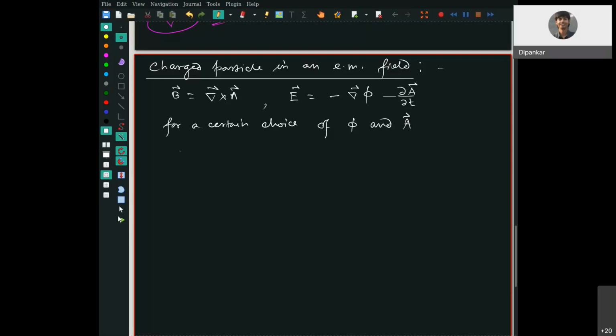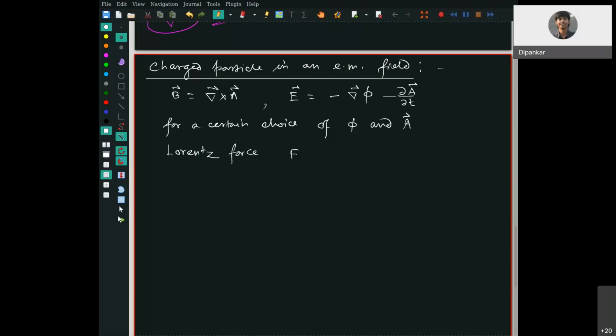And my Lorentz force law. Oops, I forgot if there is a t here or not. Okay, I might be misspelling this.